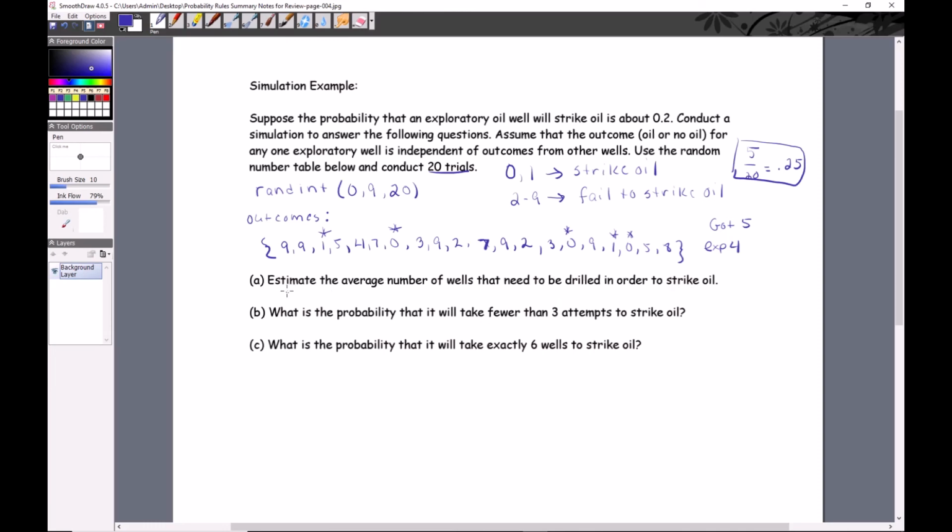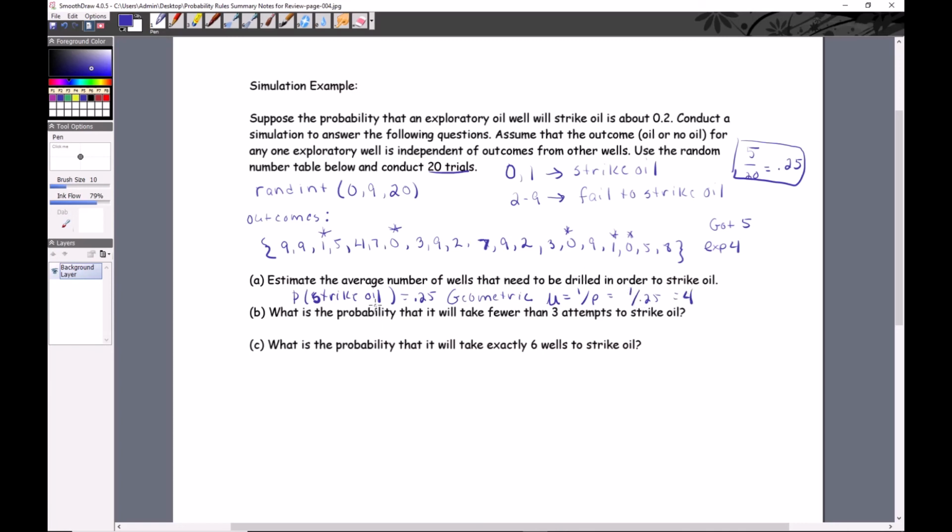So this is going to be the probability of striking oil, which is 0.25. That's what I figured out here. This we said was geometric. And if you recall, and this is a little glimpse into tomorrow's material, mu equals 1 over p, which is 1 over 0.25, which is 4.